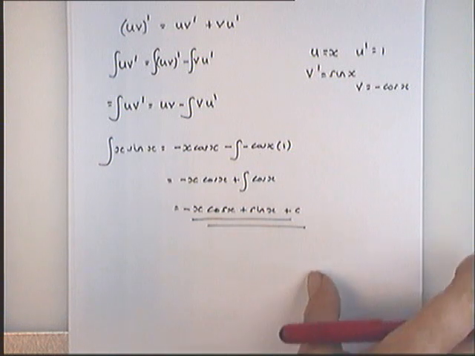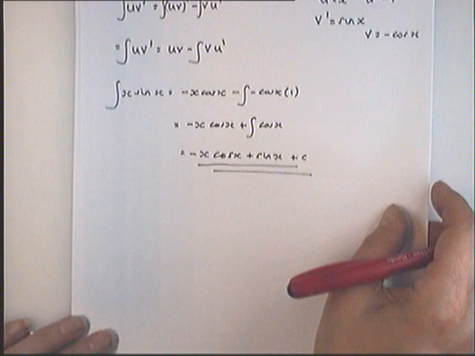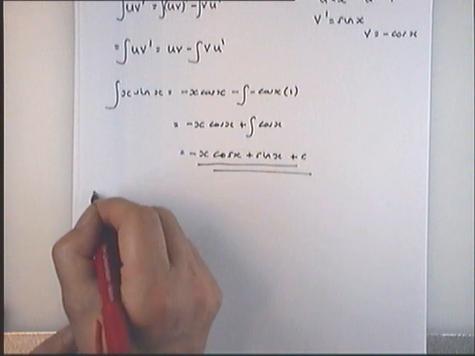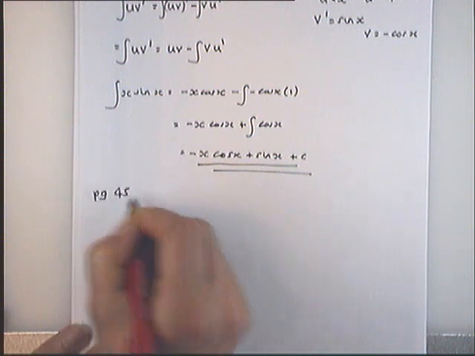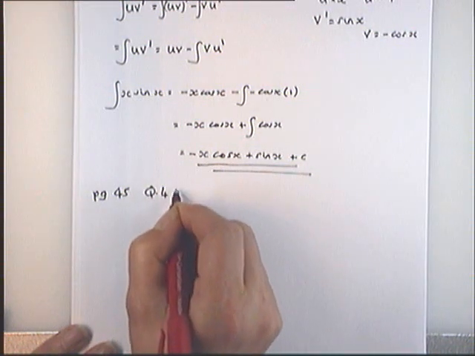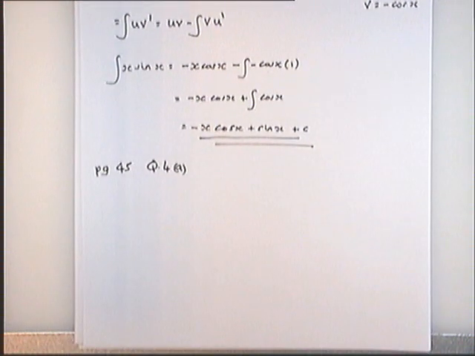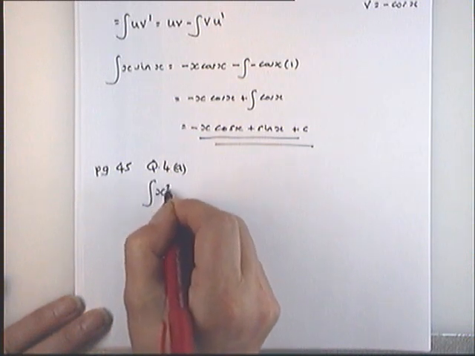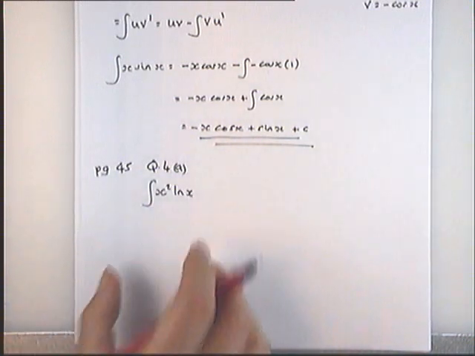Now I'm going to do a second integral using one where ln is part of the product. And this is page 45 of the preparation book. And we're going to look at question 4a. And that tells us to integrate x squared ln x.